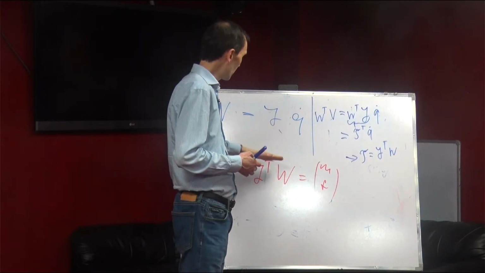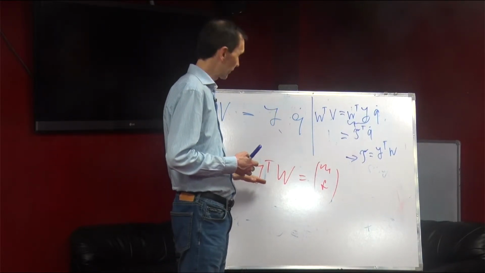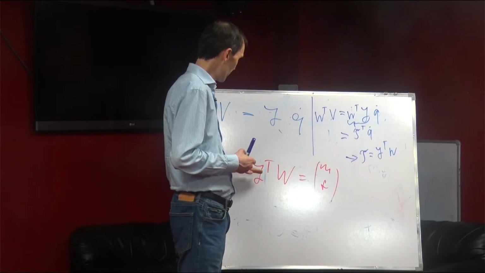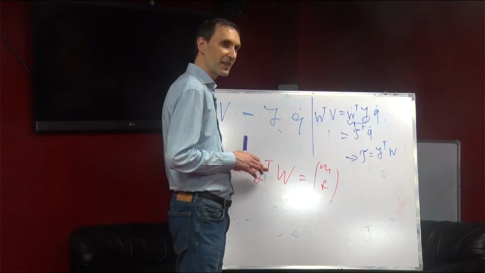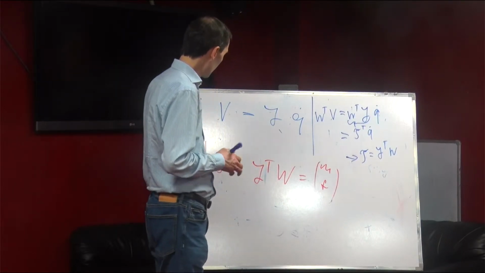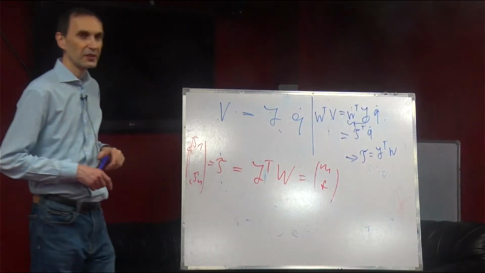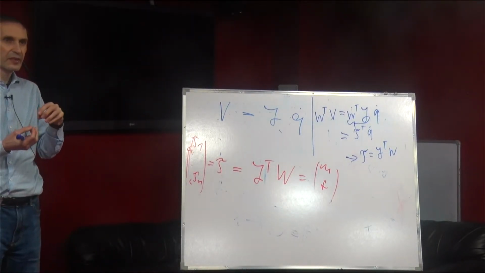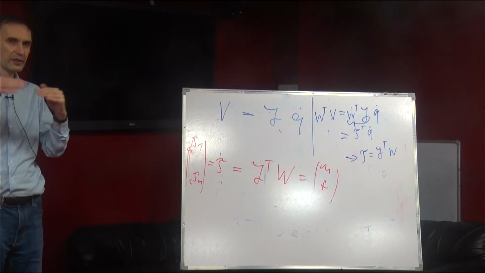That means some of the rows of J transpose are dependent, which means some of the taus are dependent, and they can compensate each other.